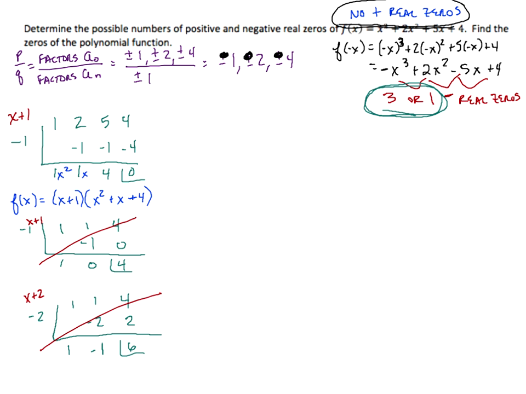So unless every single one of them worked, negative 1, negative 2, and negative 4, the only other option is for me to only have 1, and I've already found 1 there. So I don't even have to do negative 4, but I'll do it just to show you that it fails. Bring down, multiply, combine down, multiply, combine down. So it fails.